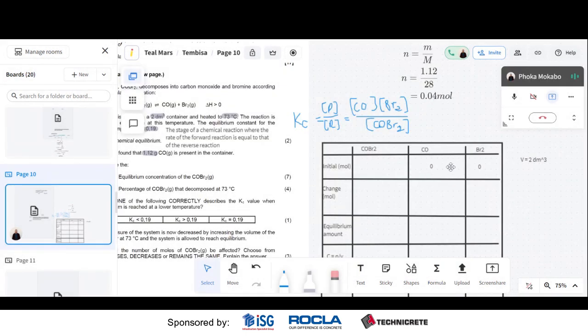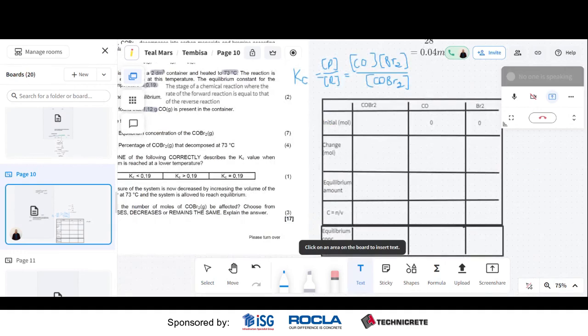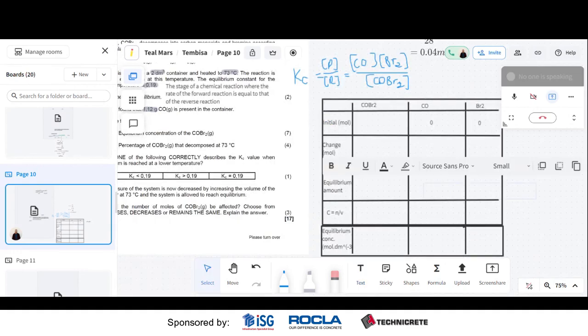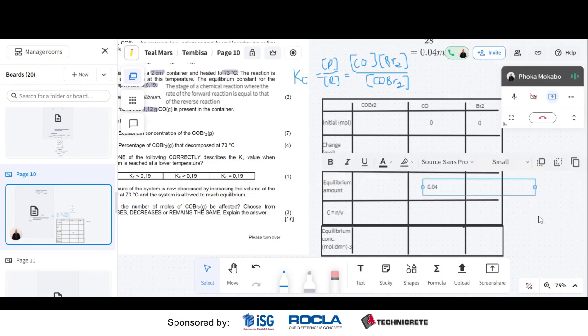Okay, what are we going to do with that? Well, we know that at the end, we are going to end up with 0,04 moles.